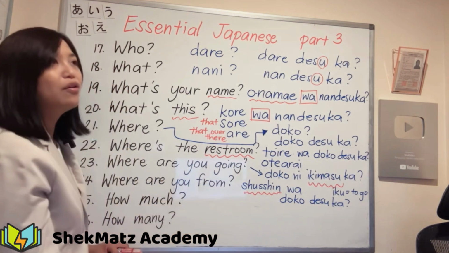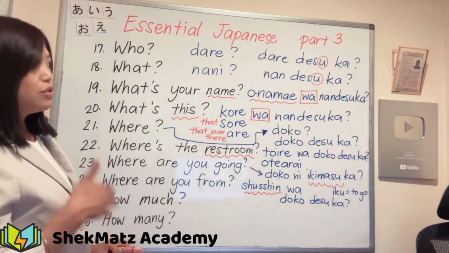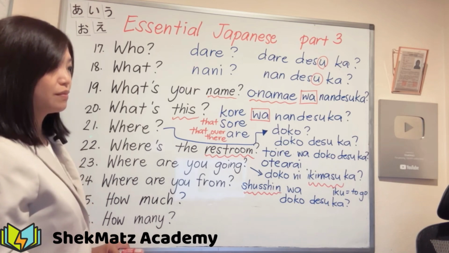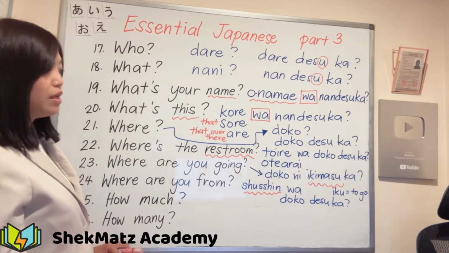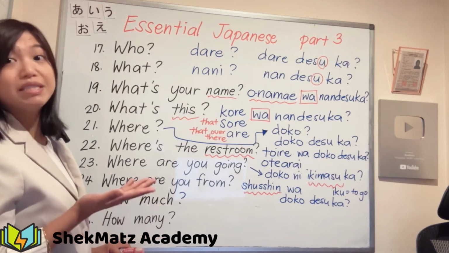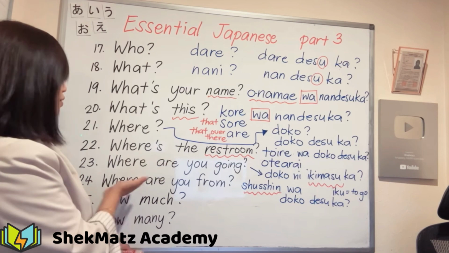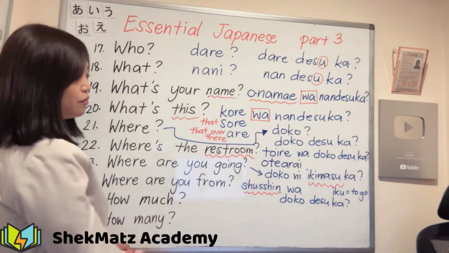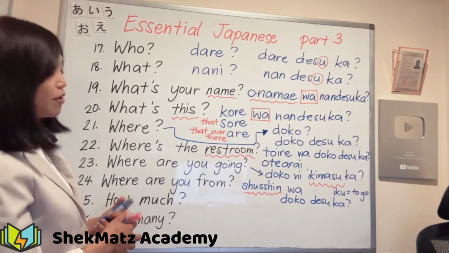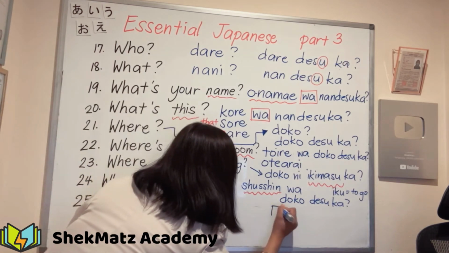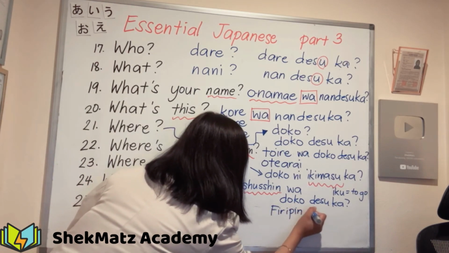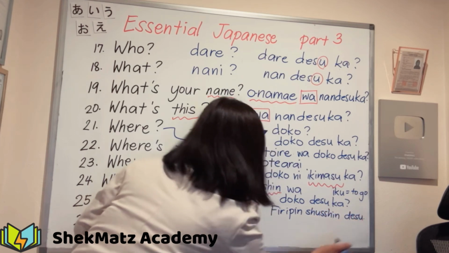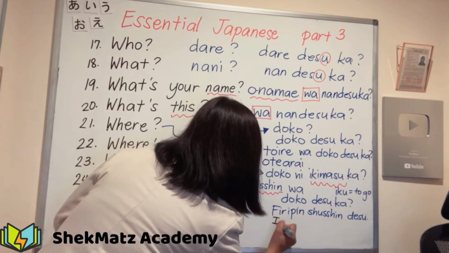Your origin. So, if you are in Japan and someone asks you, 出身はどこですか？ If you're Filipino, what will you say? フィリピン出身です。 Okay, so again, where are you from? 出身はどこですか？ I'm from the Philippines. フィリピン出身です。 Alright, so I'm from the Philippines, right?